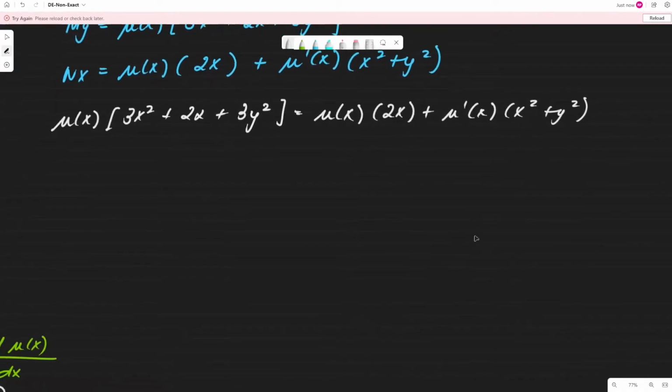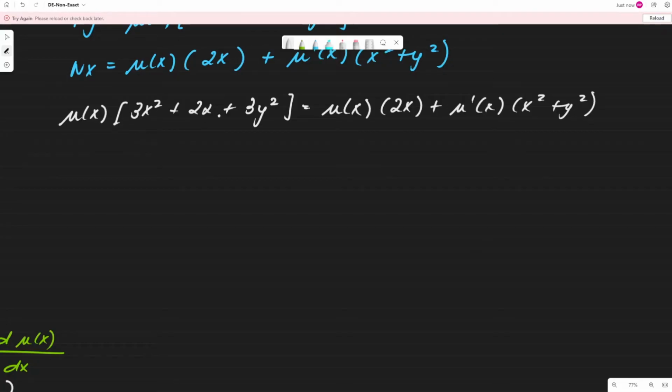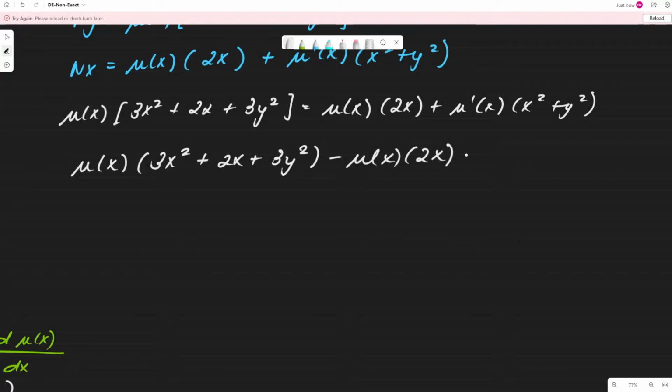Let's move mu of x times 2x to the other side. So mu of x times (3x squared plus 2x plus 3y squared) minus mu of x times 2x is equal to mu prime of x times (x squared plus y squared).